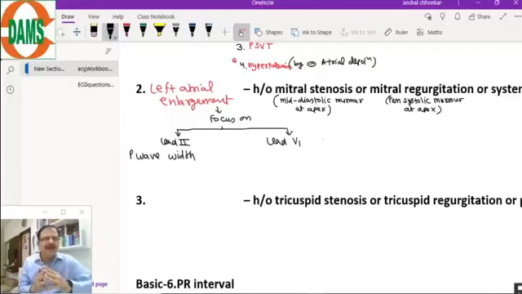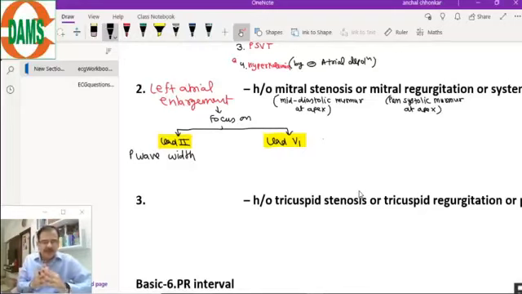And how will the left atrial enlargement come about? Because of mitral stenosis and mitral regurgitation, or maybe systemic hypertension. So whenever there is some atrial pathology, we will focus on two leads: lead 2 and lead V1. These will be the two leads that we will be focusing upon.